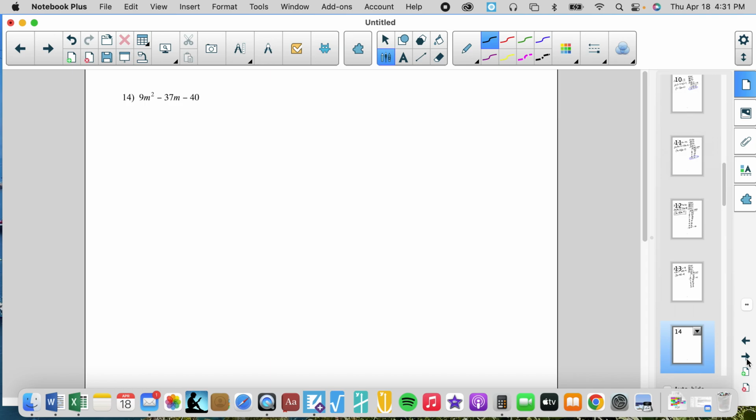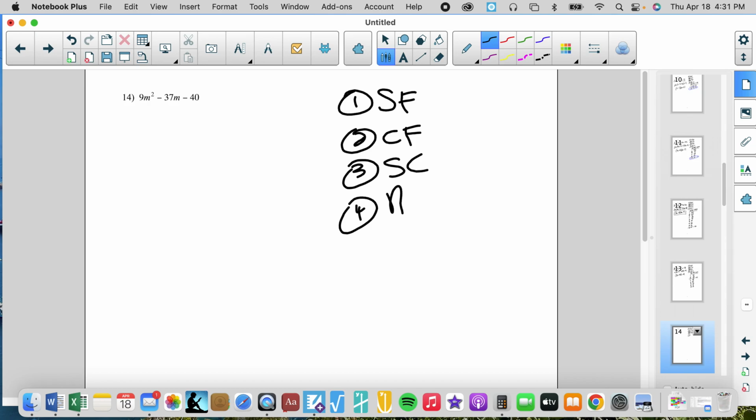We'll get there. Standard form, yes. Common factor, no. Special case, no. A times C. 9 times negative 40. You probably don't like me very much for these huge numbers.